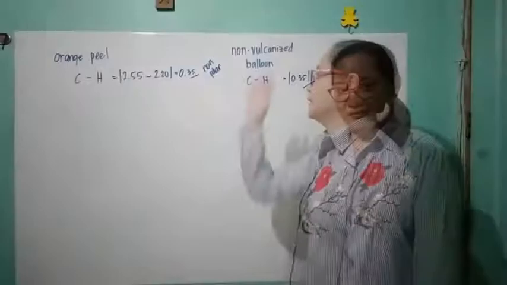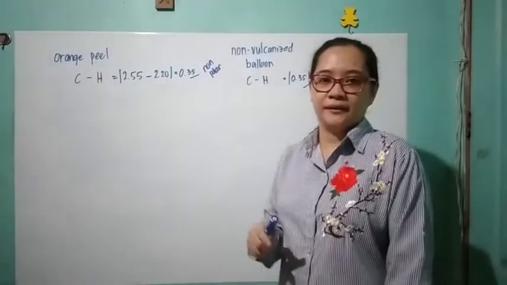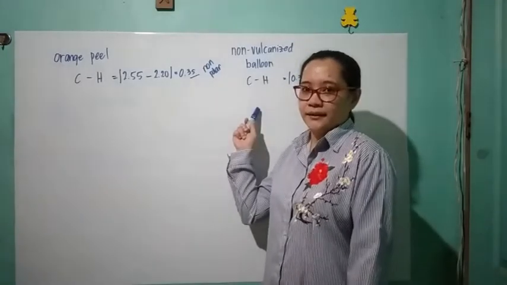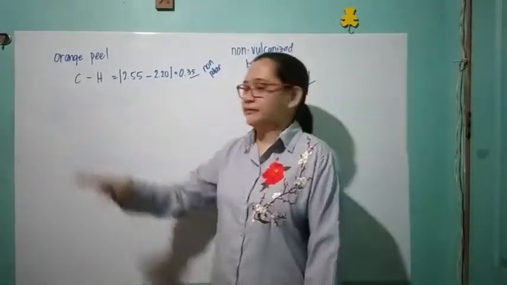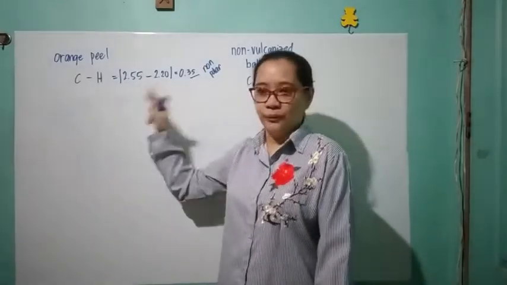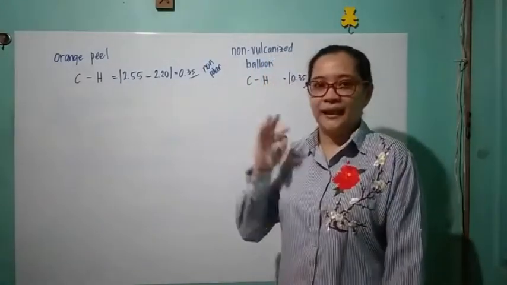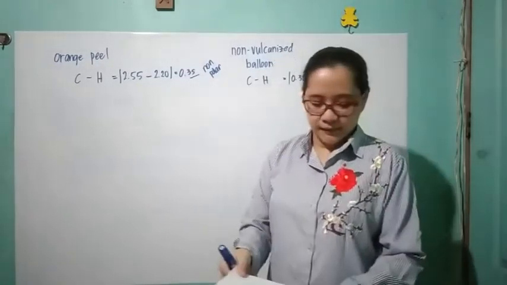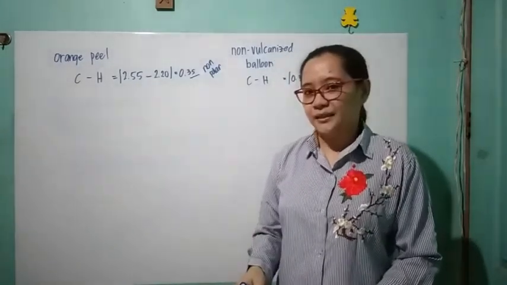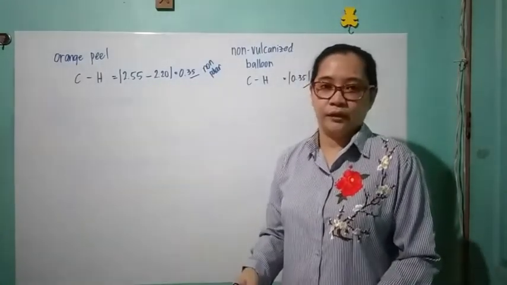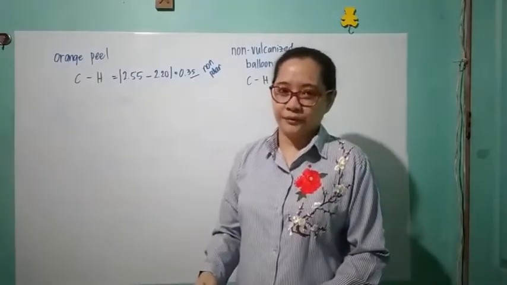Another similarity for these two compounds is that they both have carbon and hydrogen elements, which makes them hydrocarbons. In your Exercise 2, you are asked to draw the structural formula of the hydrocarbon compounds.